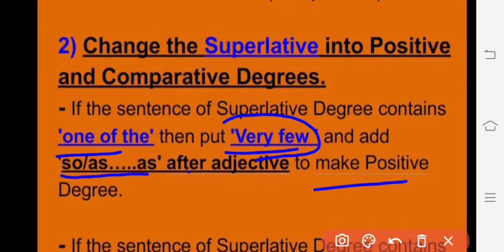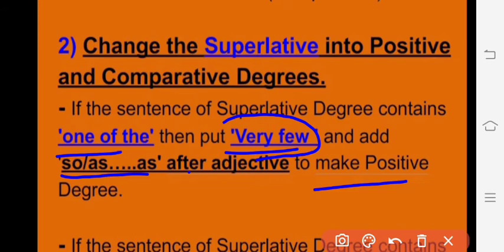While you convert into positive degree you must apply "as" or "so as." Don't forget any time, whether it is comparative into positive or superlative into positive, you must apply "as" or "so as" and the simple form of the adjective.